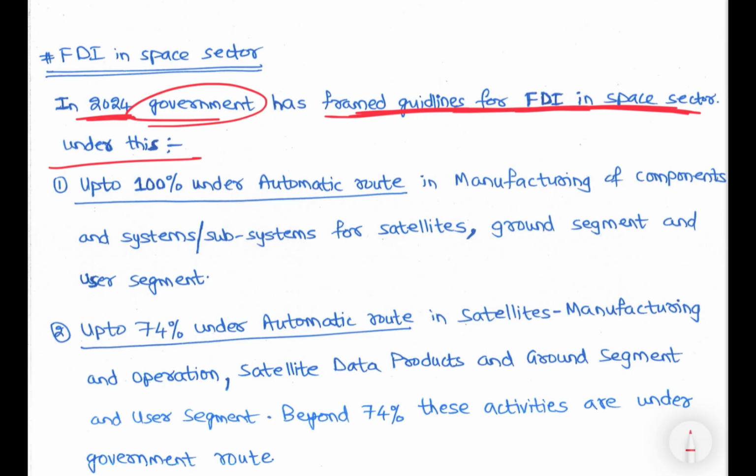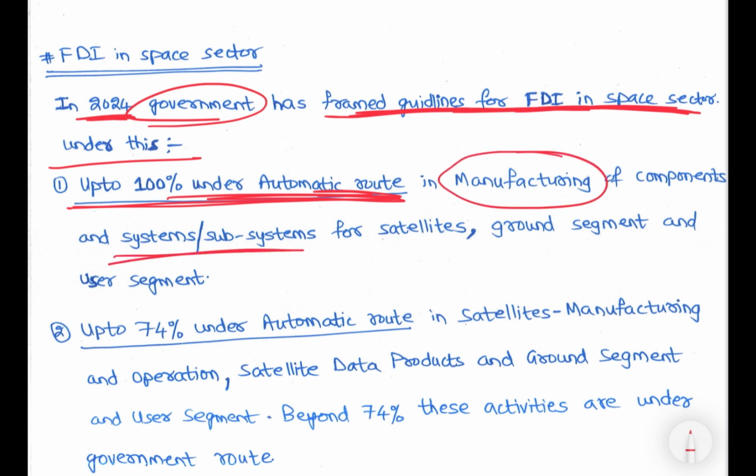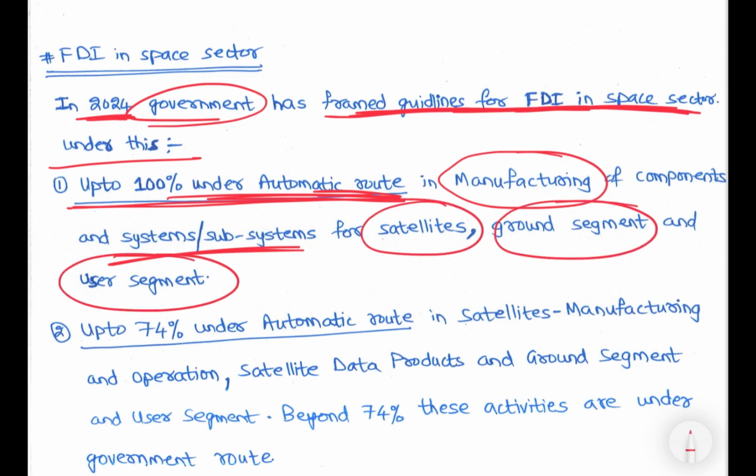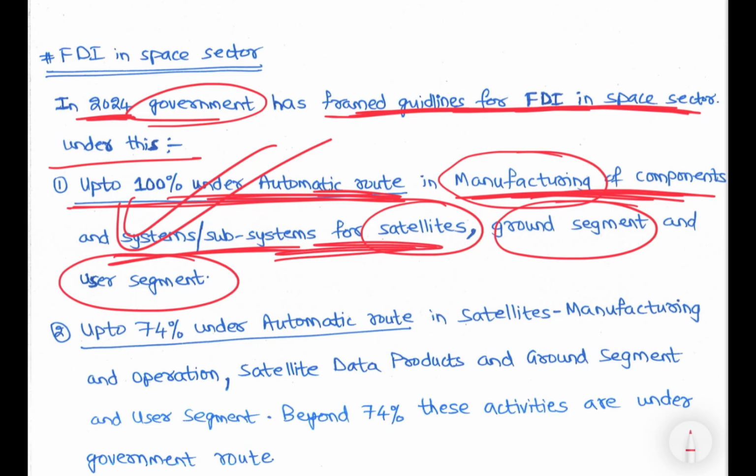right? Under this, up to 100% under automatic route, that is without government approval, right? You can have 100% FDI in manufacturing of components and systems or subsystems for satellites, ground segment and user segment, right?